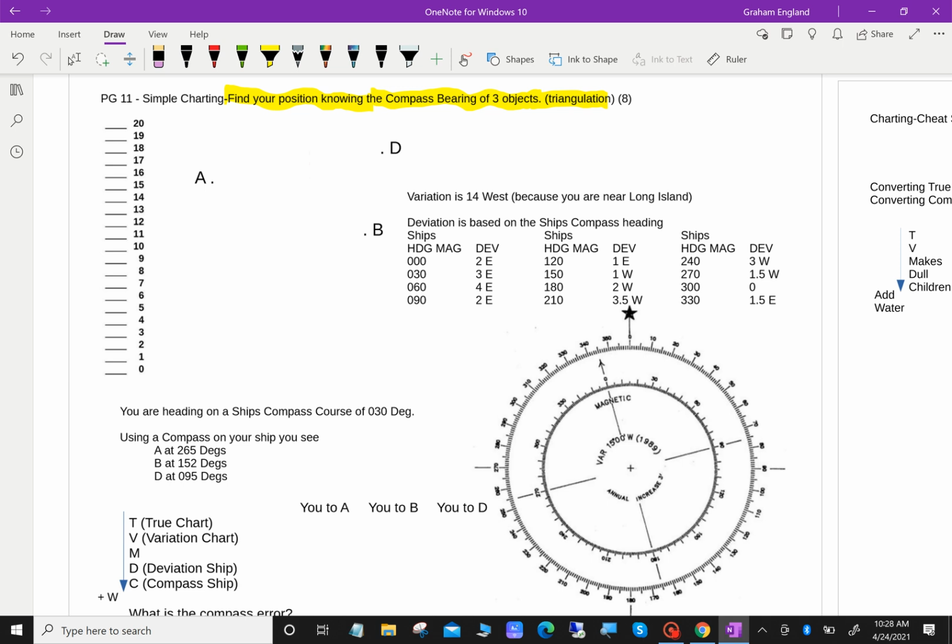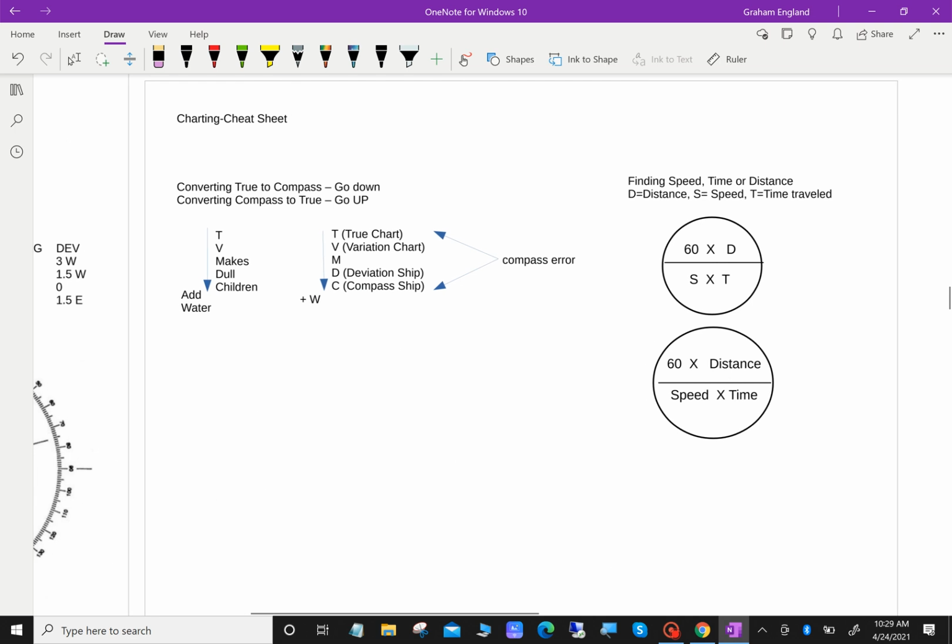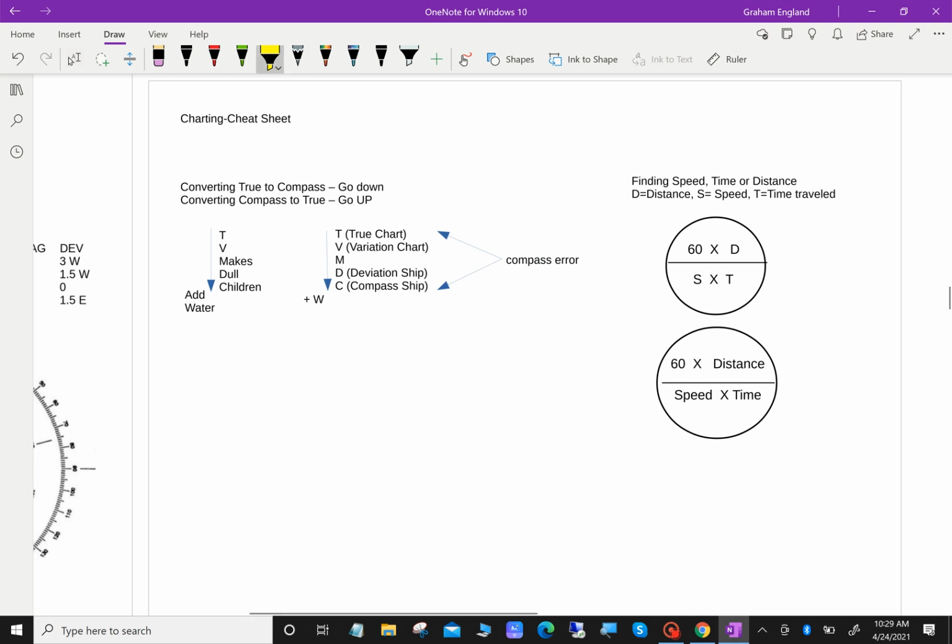Well, it's not quite that simple, because remember, we are using a compass. So remember we talked about the cheat sheet. If anybody talks about speed or time or distance, you're going to use your 60D street.